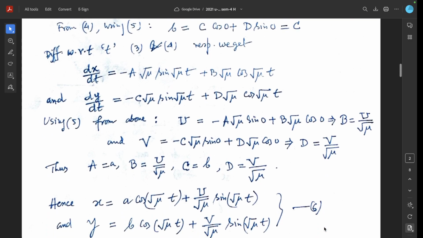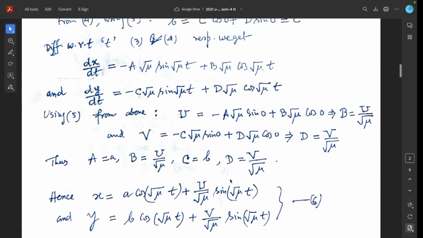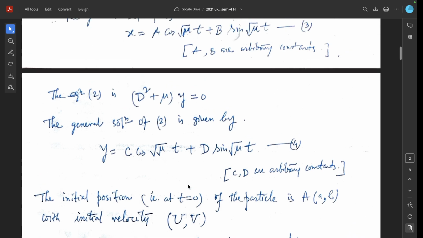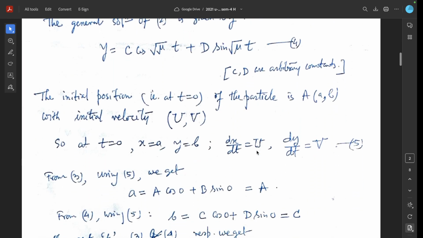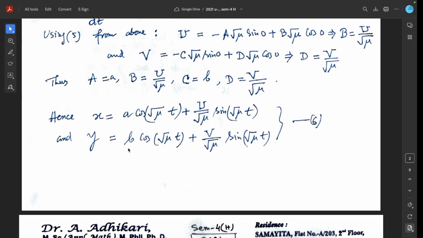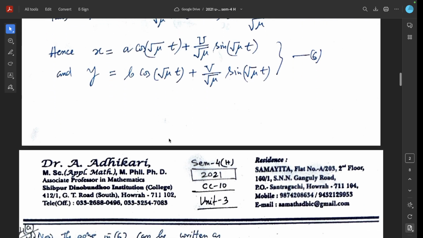So we find all the constants: A equal to a, B equal to U by root mu, C equal to b, D equal to V by root mu. Hence, putting all these values of A, B, C and D in 3 and 4, x and y are given. So this gives the position of the particle at any time t. Equation 6.